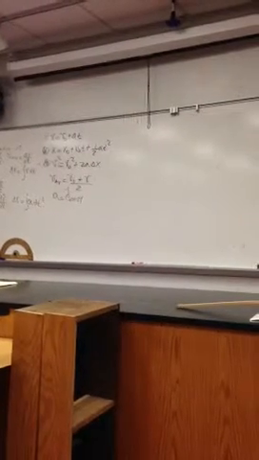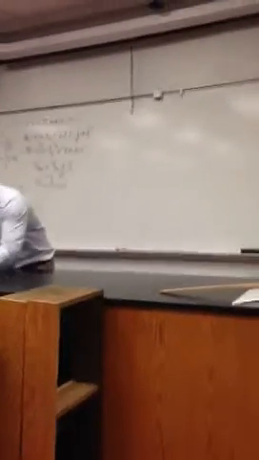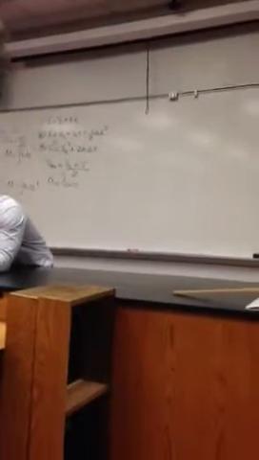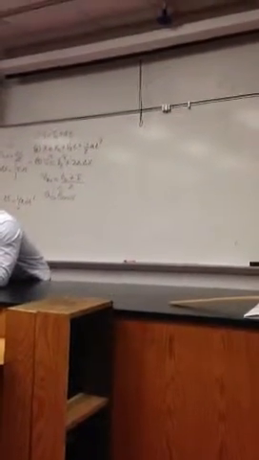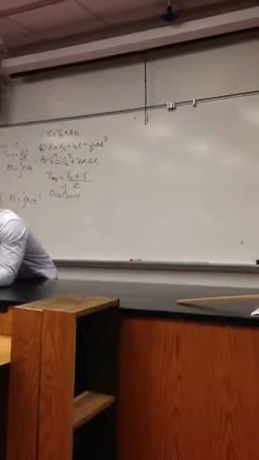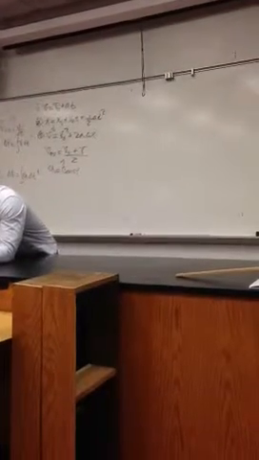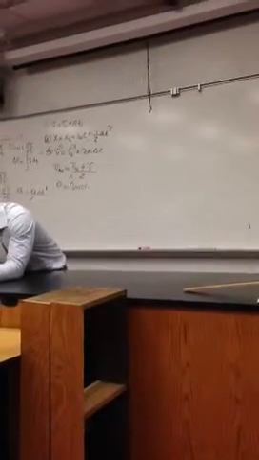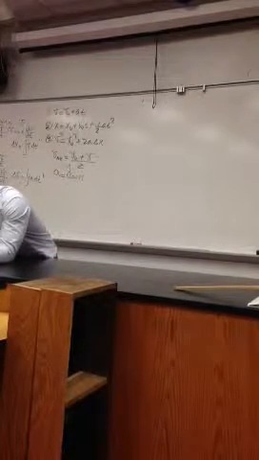Let's think. It's given the velocity. When did I say that the object reached the maximum displacement? When the velocity is 0. Is the velocity function given? Yes. So, since the velocity function is given, can you find where the velocity is 0? Once we get that, then what do you have to get?